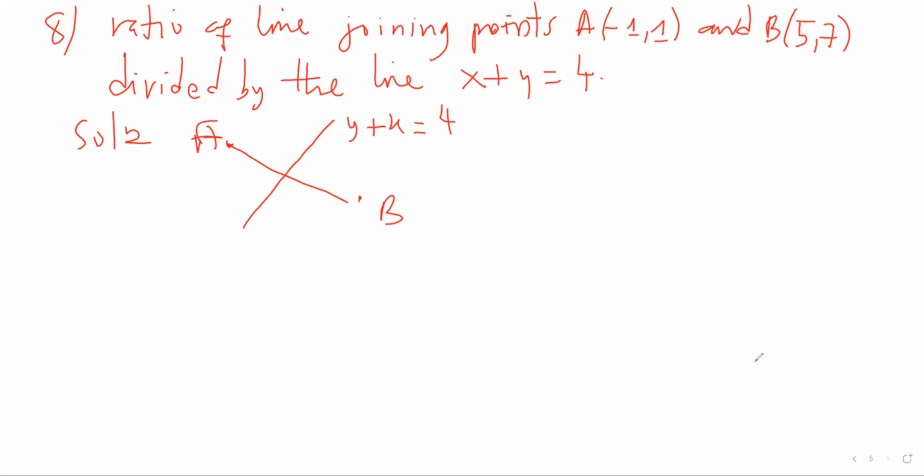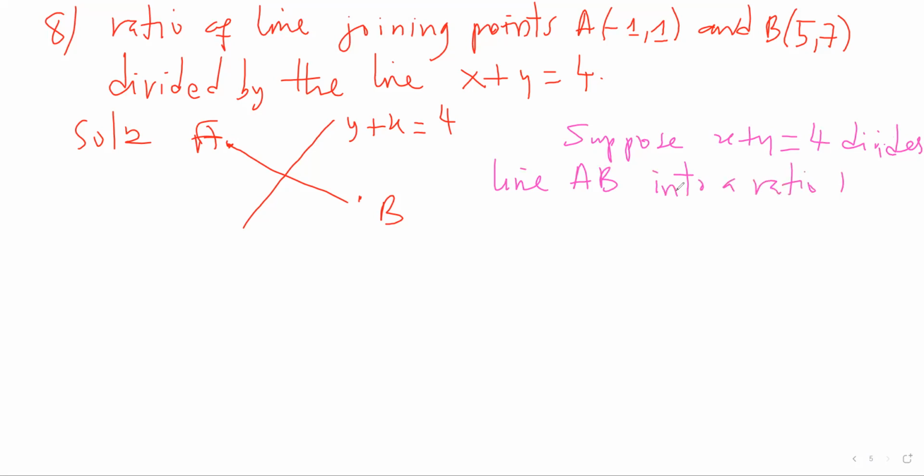Okay, so solution is that, let's suppose that x plus y is equal to 4 divides line AB into a ratio k to 1.